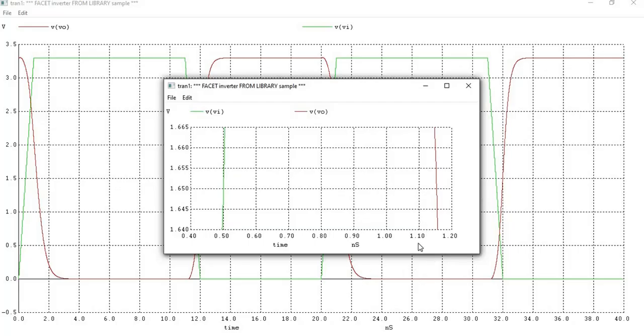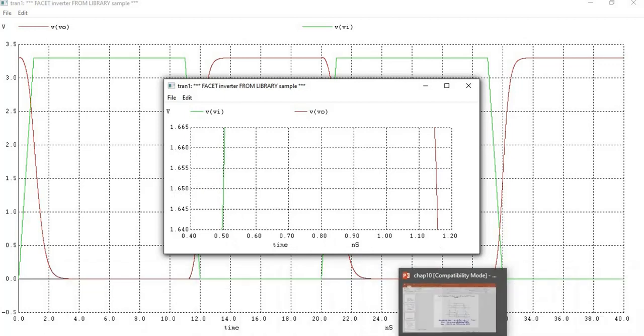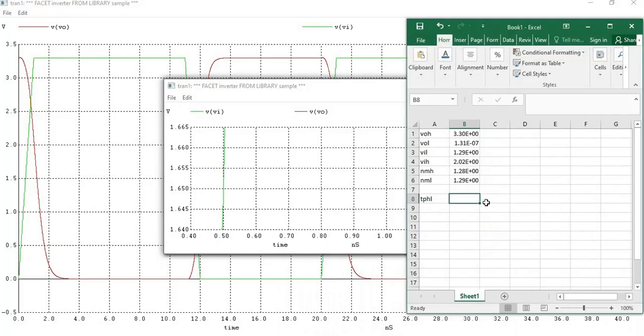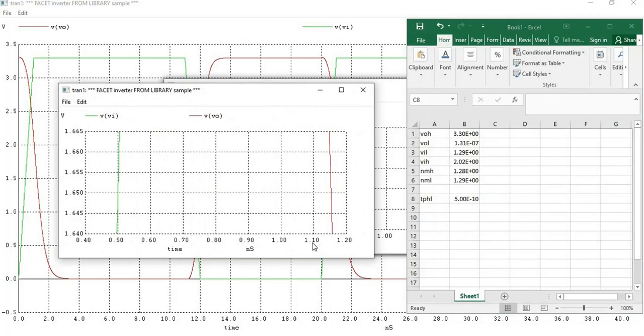Again, using the graph method, we're just approximating the values. In this case, the input at 1.65 is around 0.5 nanoseconds. So in the Excel file, type 0.5 e-9, and the output is around 1.1 to 1.2.